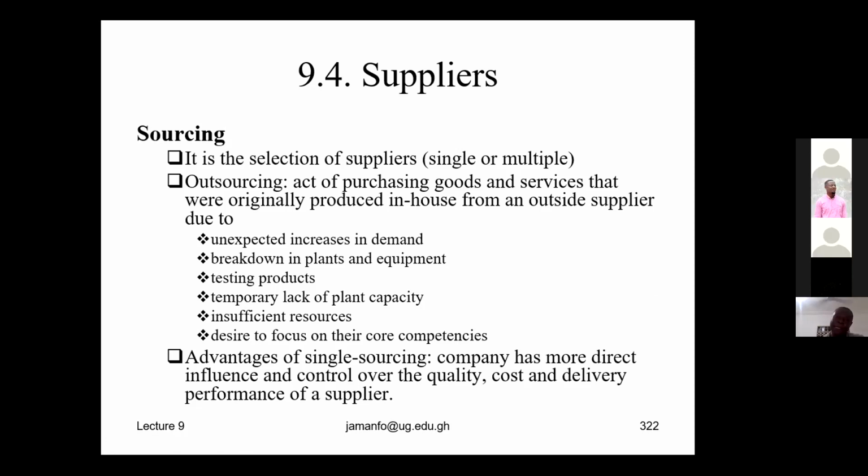Francis Nathan: Sir, with the inventory, you made mention that it costs. But sometimes too, if you don't keep enough inventory or stock, you may run out of stock and probably your customers might leave to your competitors. So how do you go about that one too?